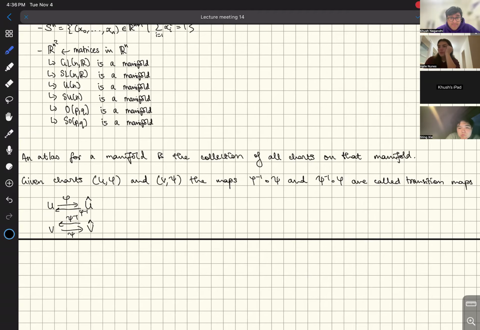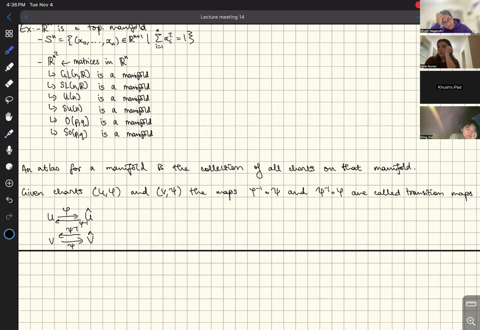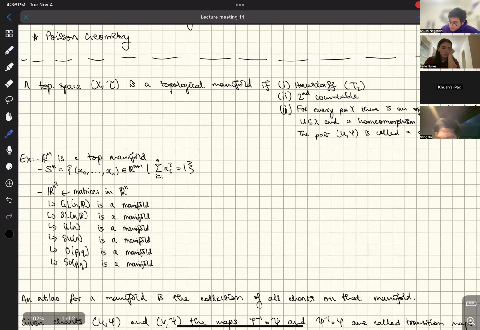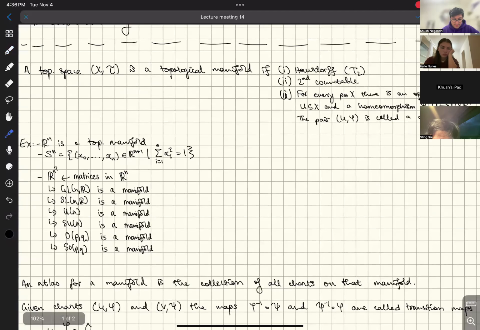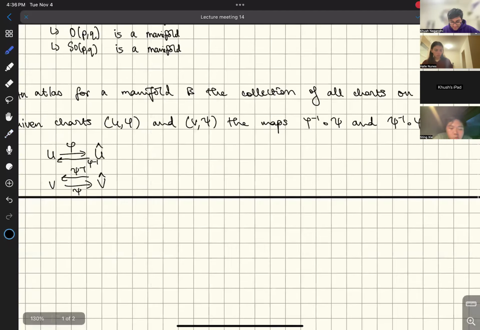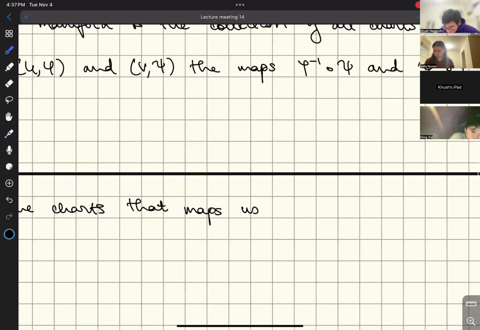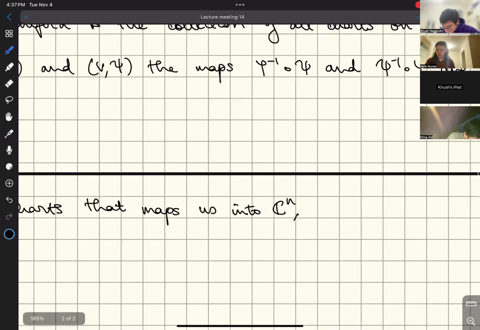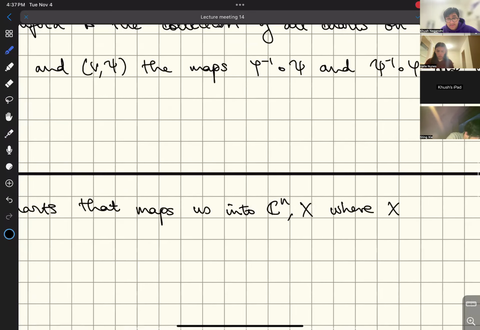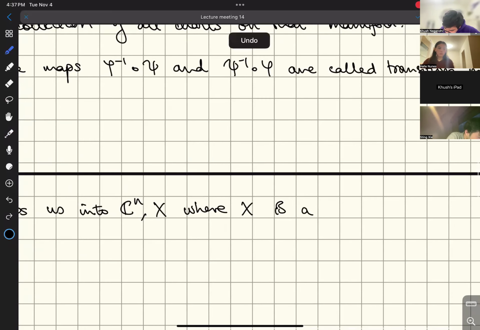Now, there's nothing special about Rn. We could have charts that map us into Cn, for example, or X, where X is a Banach space.